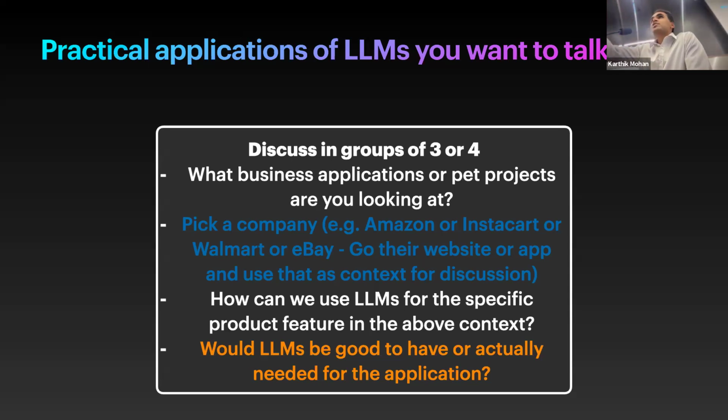It can also be a feature on the page, right? And use that as a context and see how can LLMs help here, or will they not help? Is this a straightforward thing, or is this something they have to figure out, right? So play around with that for a few minutes, and then you can discuss as a group as well.